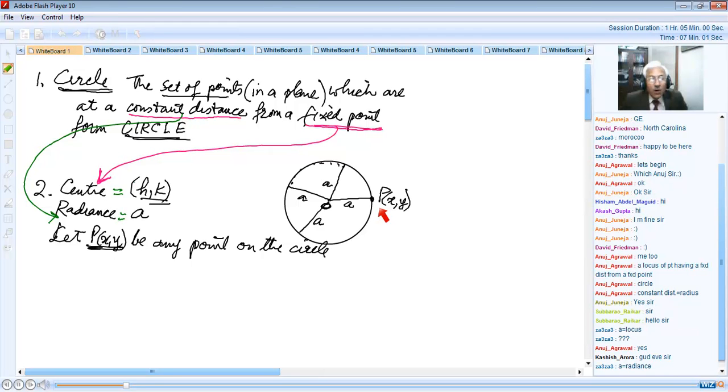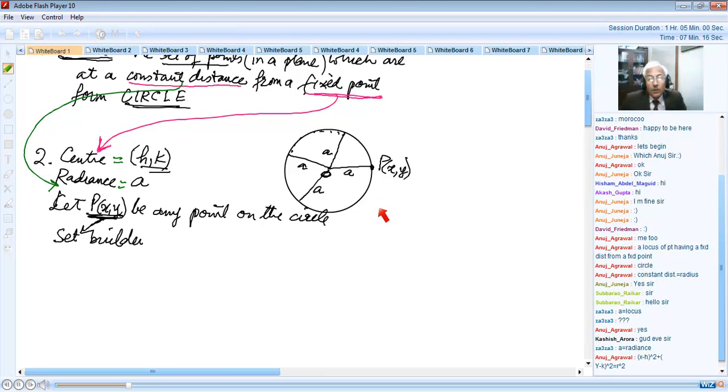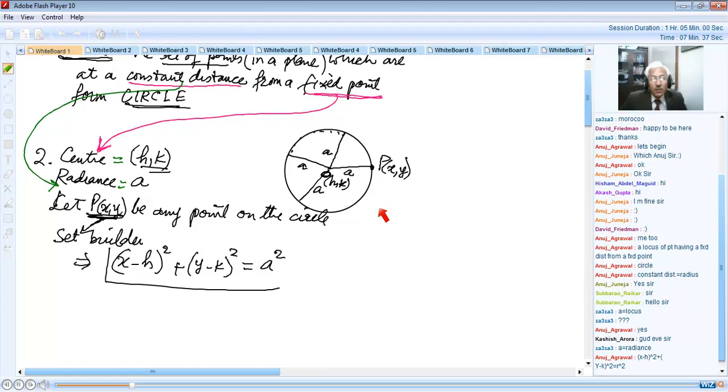This point is called the set builder, which builds the set, which builds the locus. This is the center (h, k), and this is the distance. Therefore, (x minus h) whole square plus (y minus k) whole square will be equal to a square, or r square, whatever you may take. This becomes the equation of the circle.